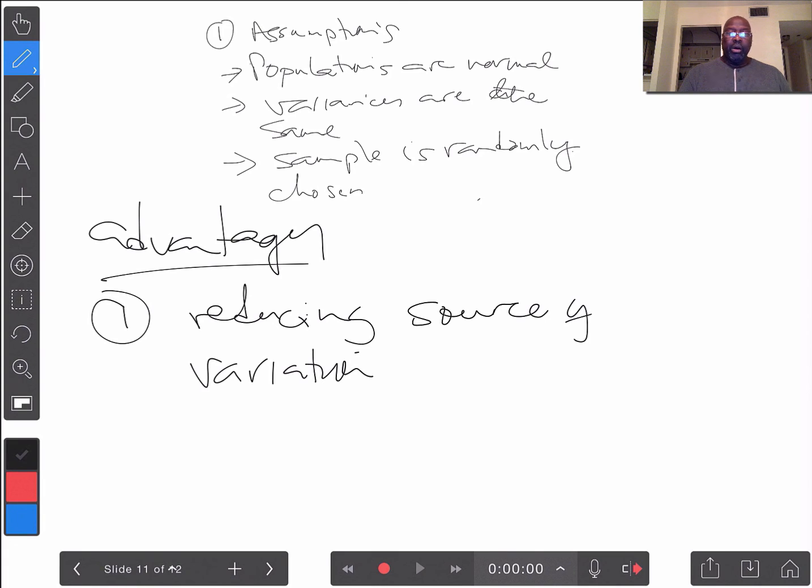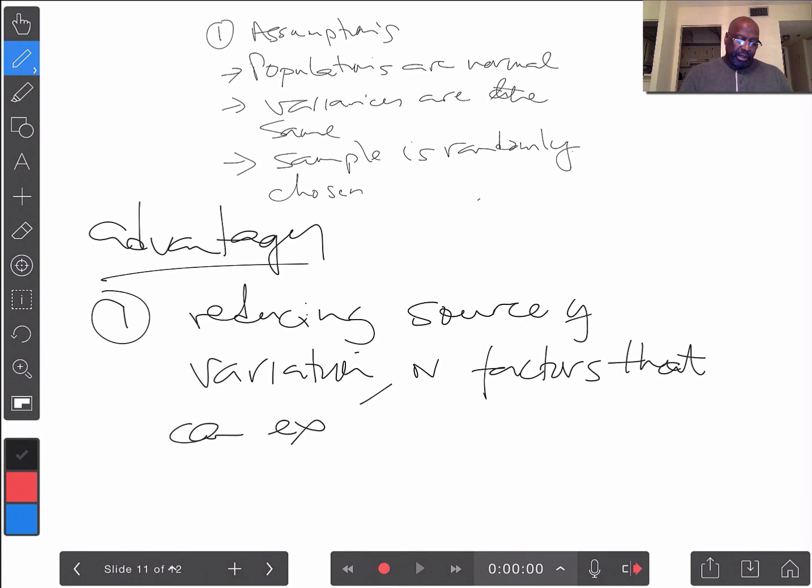Okay, or the factors that can explain the result, right, that we're trying to establish.